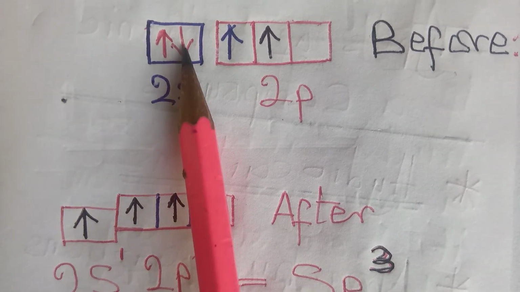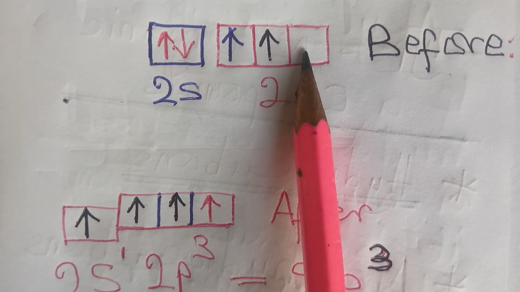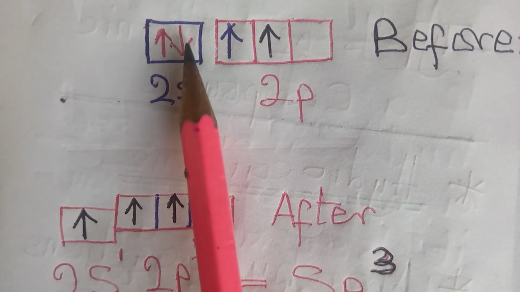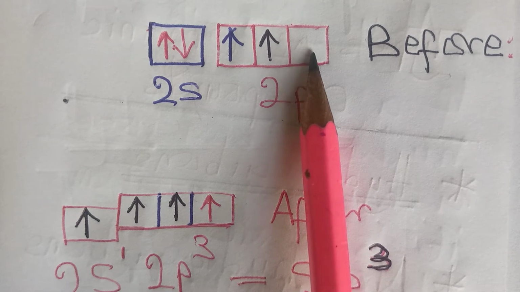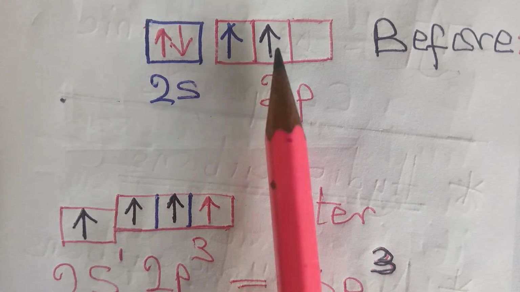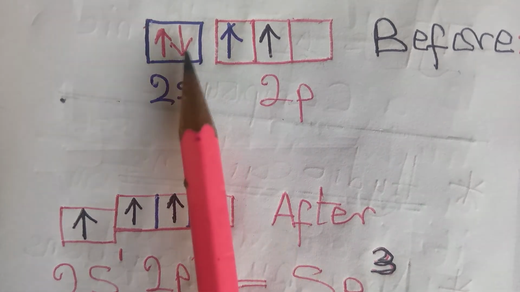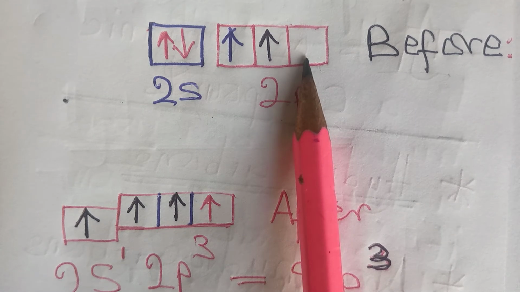That means one of these electrons will be promoted to the vacant p orbital. The energy required for this electron to enter the vacant orbital is less than what it will need to enter these other orbitals already having single electrons.